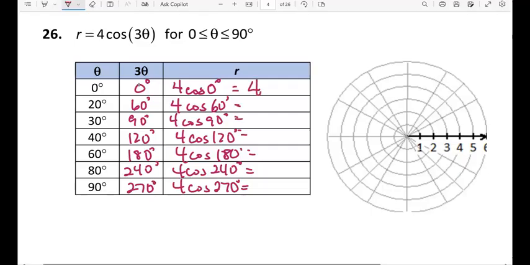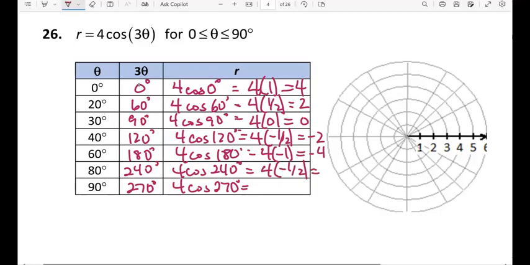And the cosine of 0 is 1. The cosine of 60 is a half. And the cosine of 90 is 0. Cosine of 120 is negative a half. Cosine of 180 is negative 1. Cosine of 240 is negative a half. And cosine of 270 is 0.